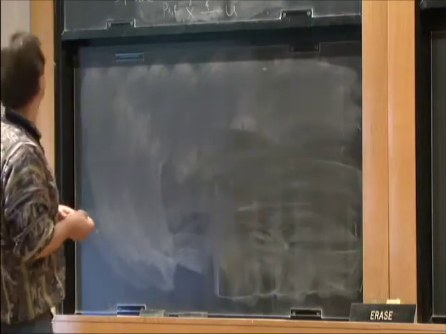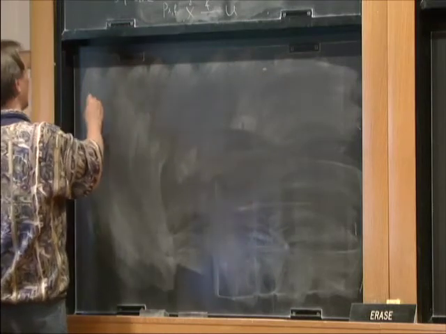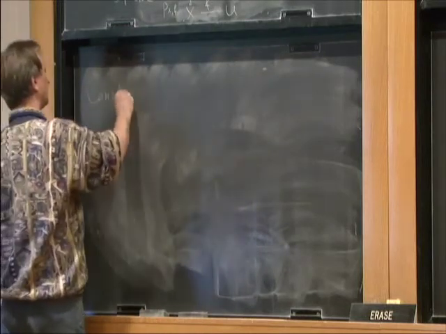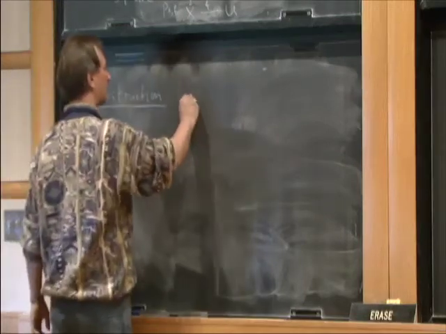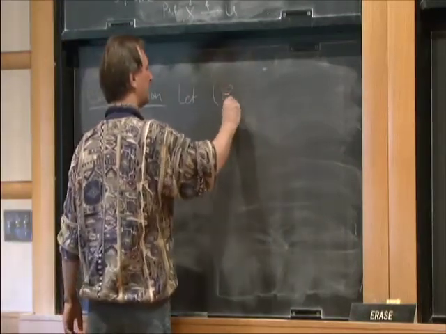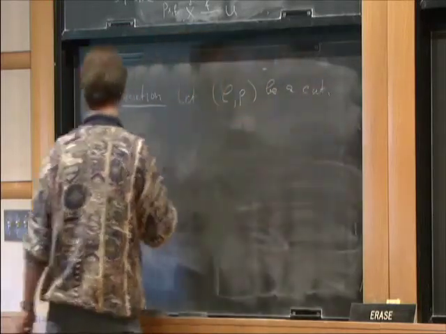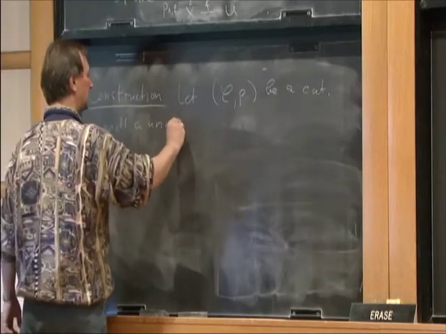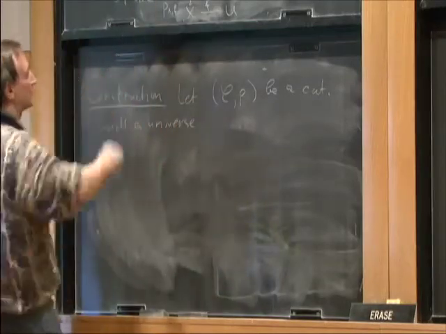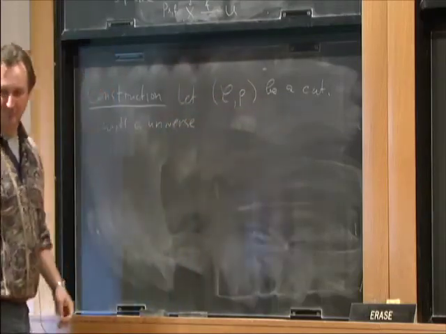So now, construction. Let C be a category with a universe. There are also these choices of pullbacks which I'm not writing in my notation.